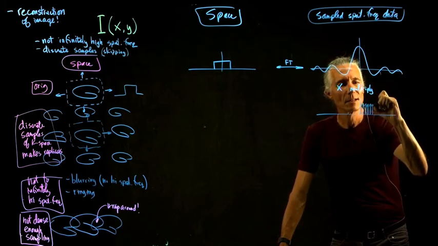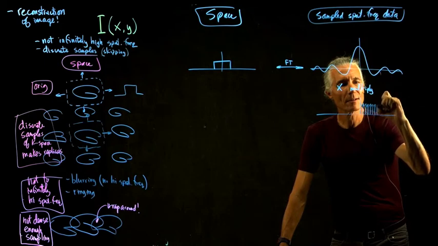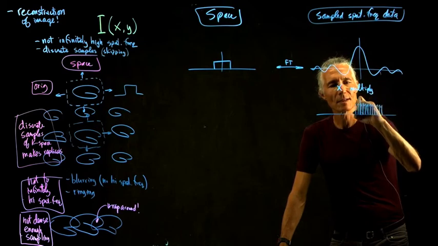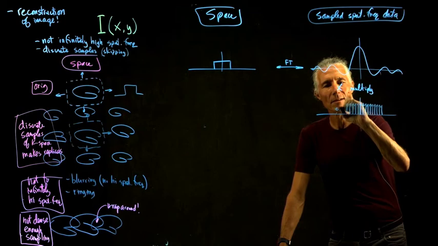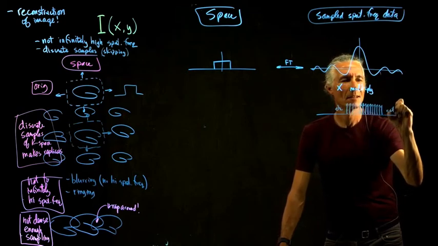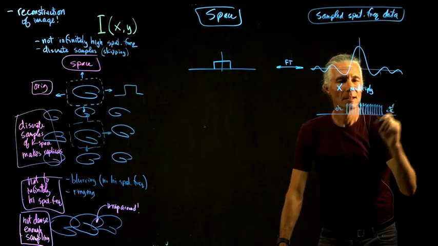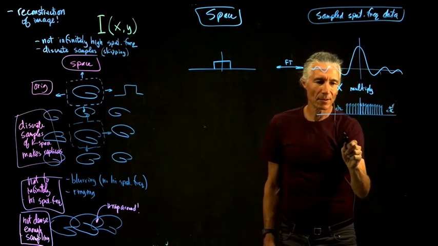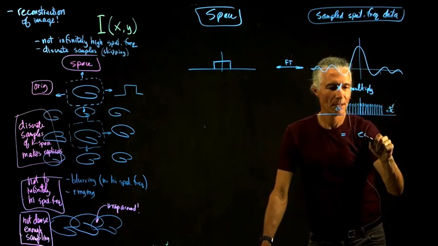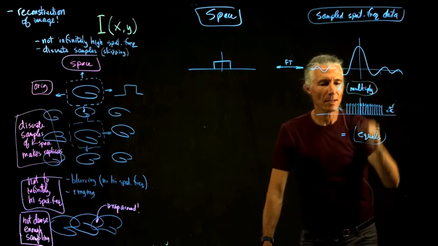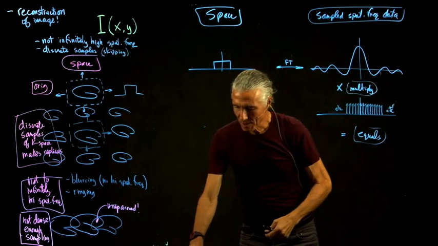And if there's no spike there, the answer is 0. So here's a whole pile of spikes, etc. If we multiply that, that equals our sampled data.